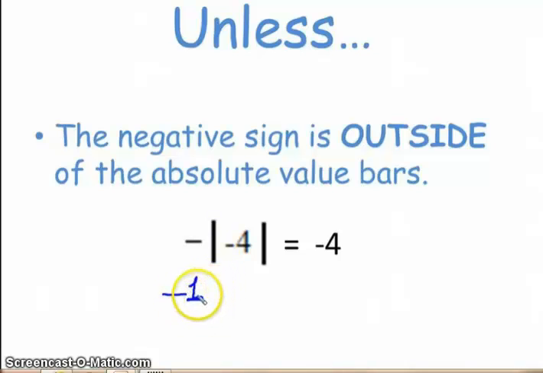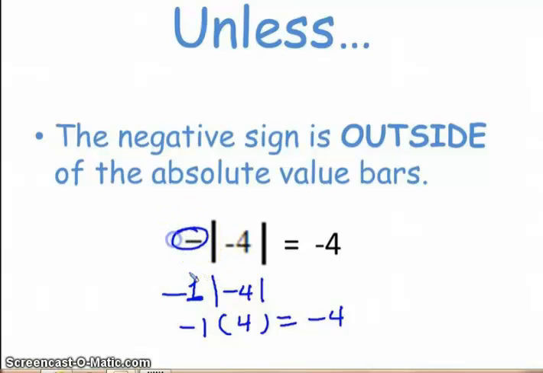So this is actually -1 times the absolute value of -4. So absolute value of -4 is 4 times -1, and our answer will be -4. So whenever there's a negative sign on the outside of the bar, we want to leave it there. Okay, so we get the absolute value of -4, which is +4, but then we have to keep the negative in the front because technically we are multiplying by -1.